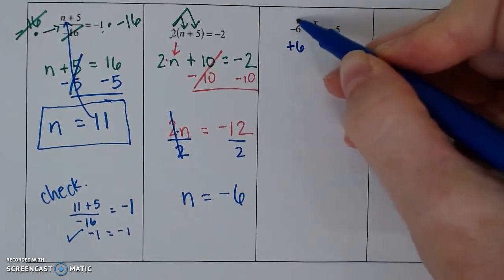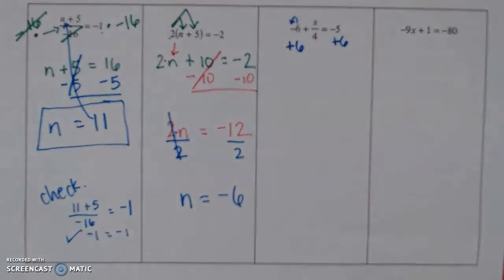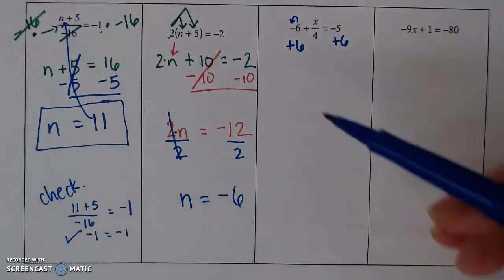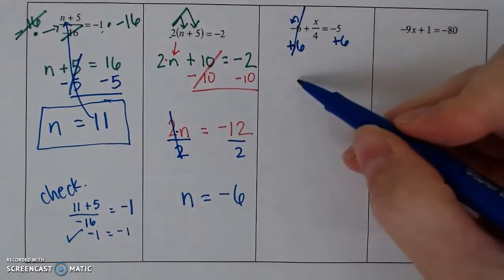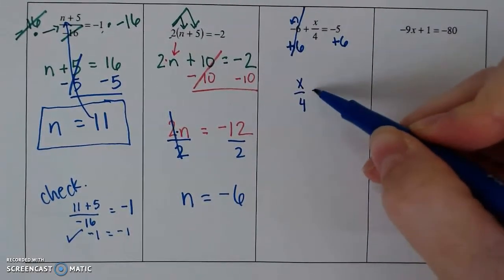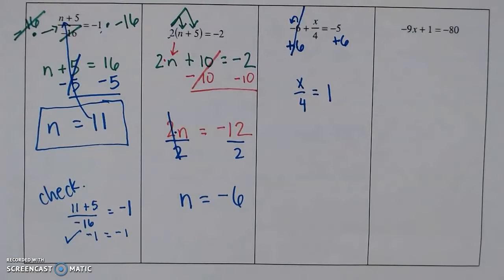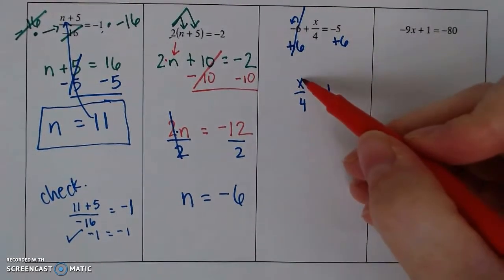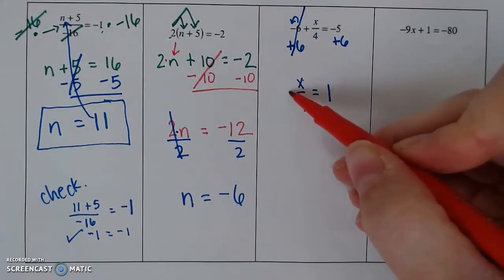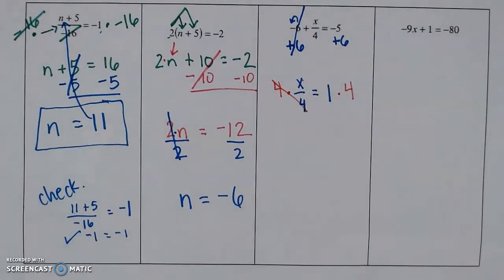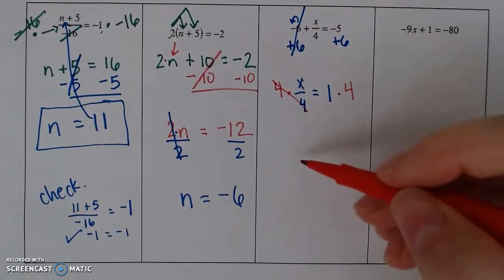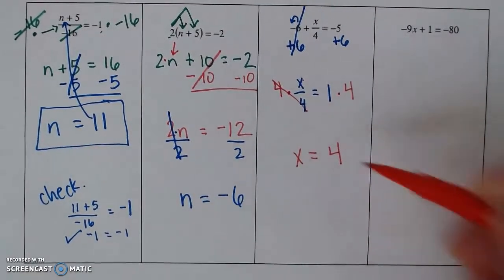You always want to look in front to see what you do the opposite of. So negative 6 plus 6 does give you 0. You want to check that. We have x divided by 4 equals 1. Then to get the x alone, 4 is being divided, so we multiply by the number we want to get rid of on both sides. So x equals 4.